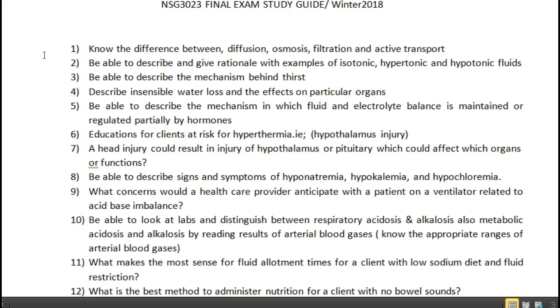So remember, we talked about hormonal regulation, and I want y'all to always keep in mind that when you talk about the antidiuretic hormone, know that even though it's the kidneys or the organ or whatever, the hypothalamus controls the release of the antidiuretic hormone, which is released in the posterior pituitary gland.